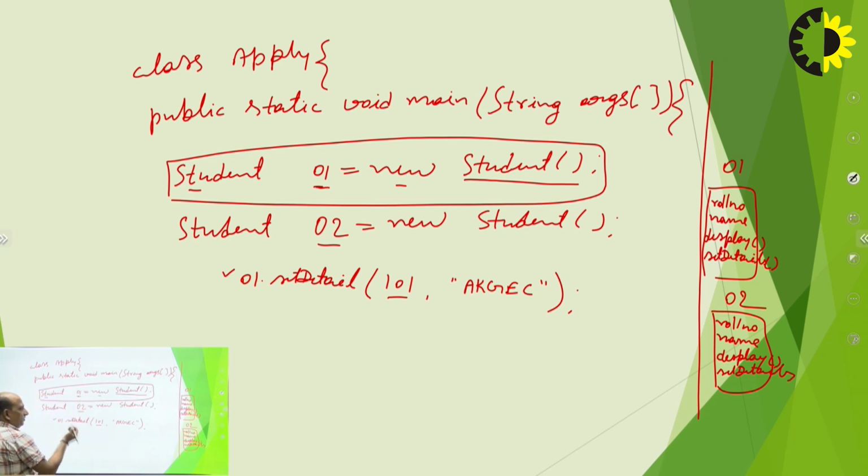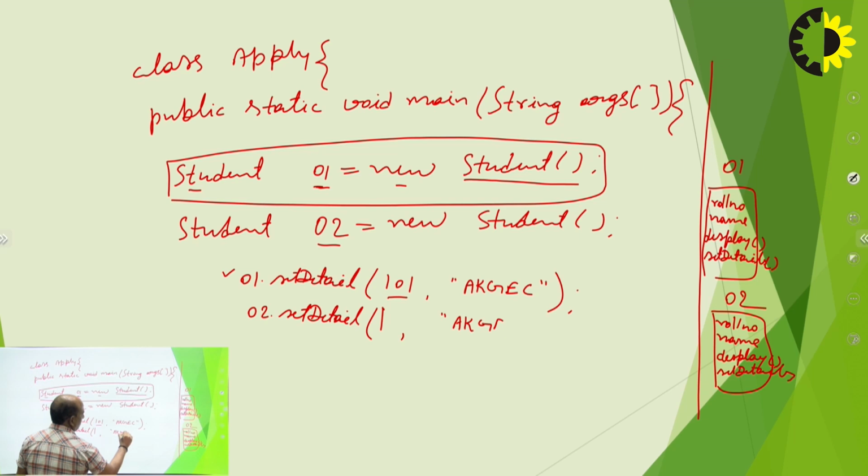Similarly, once you want to set the values for the O2 variables, call O2.setDetail and pass, let us say, 1 and AKGEC GZB.